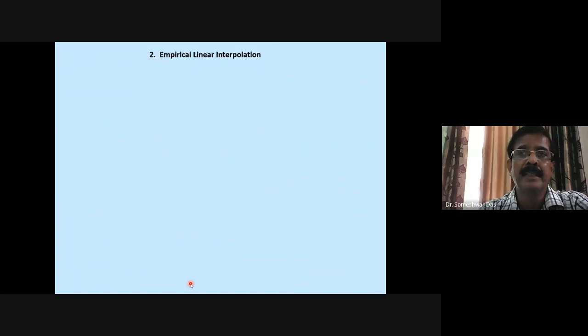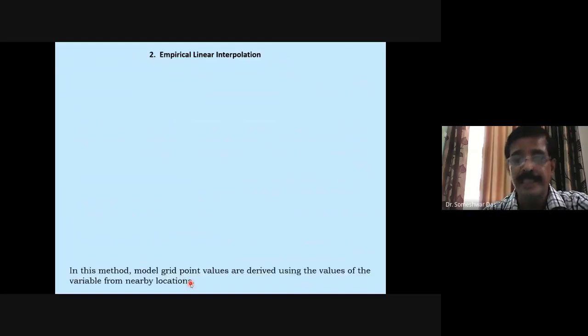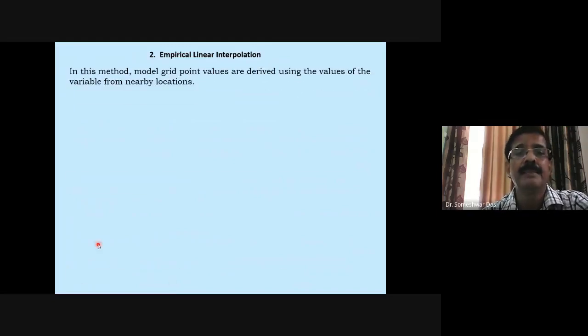Okay. The second way is the empirical linear interpolation. Now, in this method, the model grid point values are derived using the values of the variable from nearby locations.